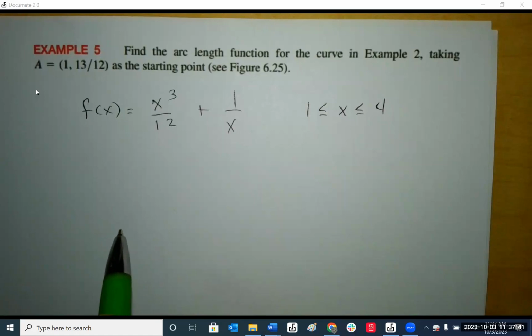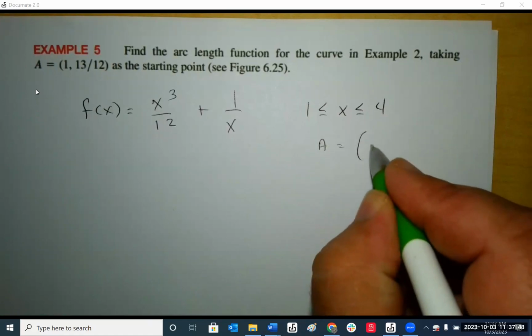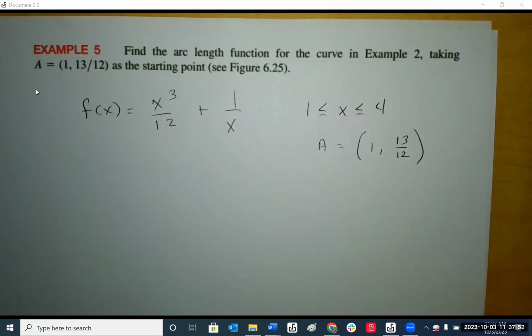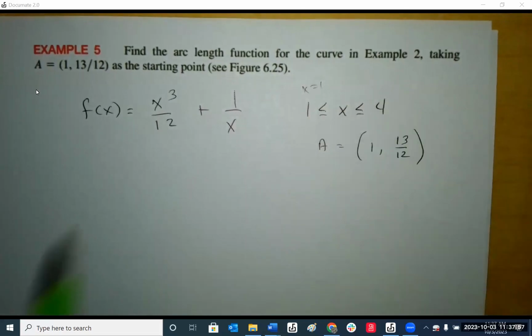Let's find it. The starting point is a. That's just plugging in 1, so that's not a problem.